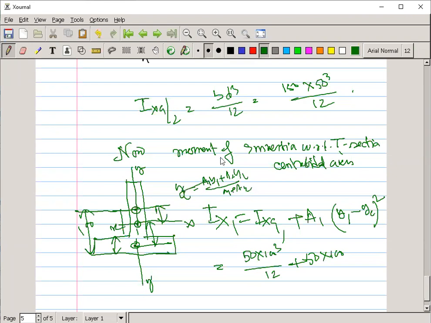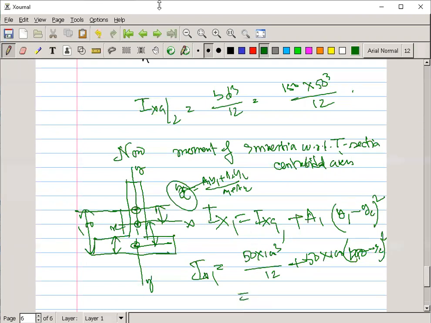So you will get I of x1 by putting y1 minus yc here.